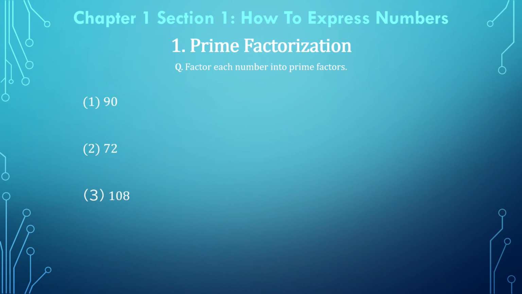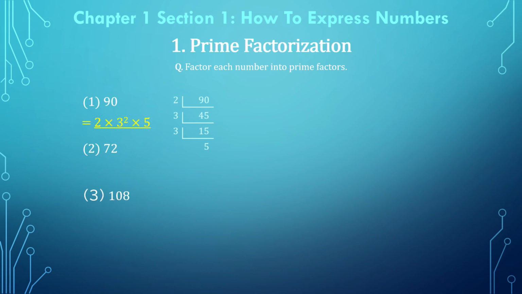Do not forget to practice in drills, as it enables you to calculate fluently. Eventually, you will be able to calculate quickly and accurately, without much effort. So here, factor those numbers into prime factors. Do not forget to read them out. 90 can be divided by 2, 3, 3, and 5.